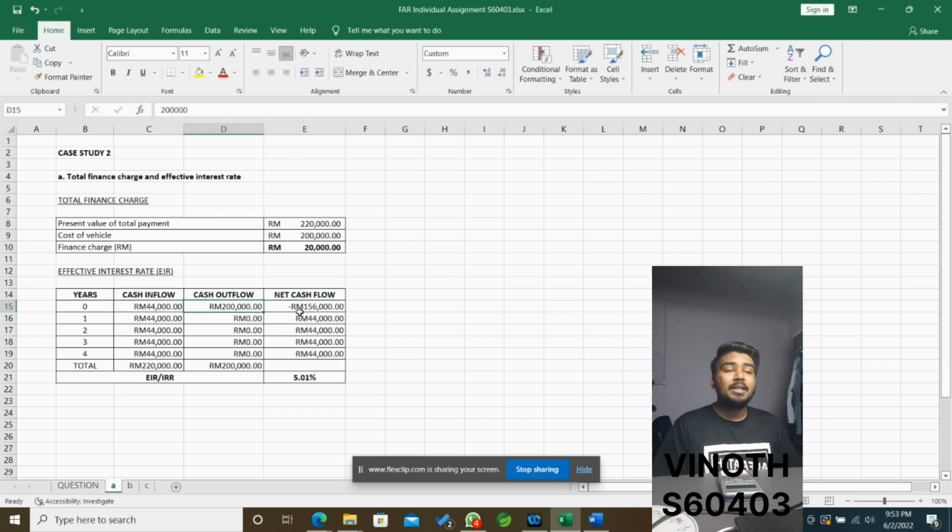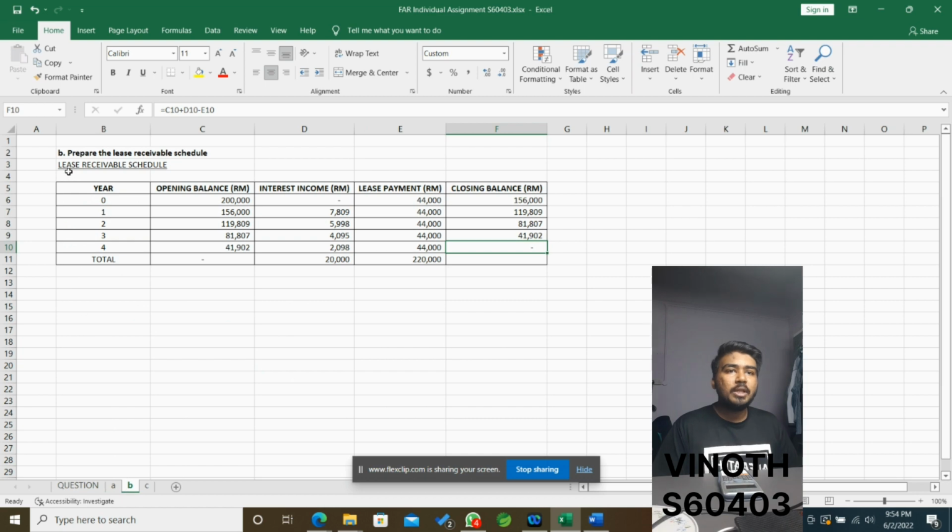And this 200,000 is the cost of the vehicle. The total cash inflow is 220,000, which is the present value of the total payment, and the cash outflow is the cost of the vehicle. So the EIR, or the effective interest rate, will be 5.01%.